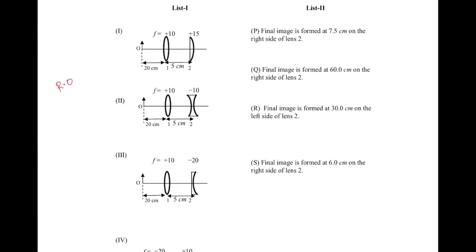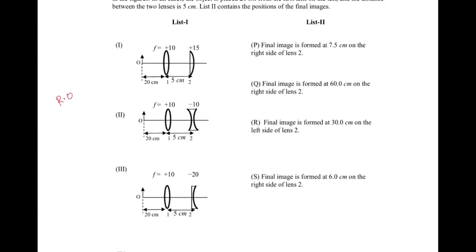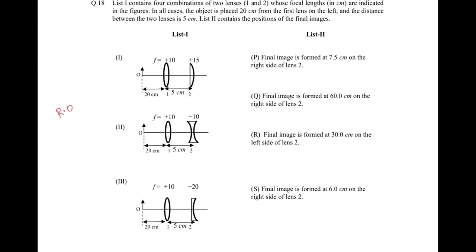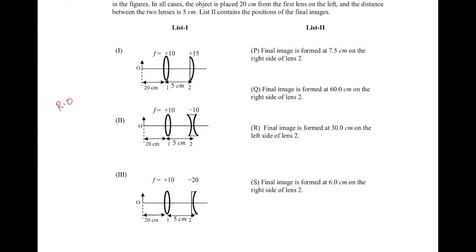So I'm going to do the second one, but there is no big difference between second and fourth. Essentially you need to find out the final image formation. So let's take the second one, apply the lens formula twice. The first time, I'm going to apply it for the first lens.